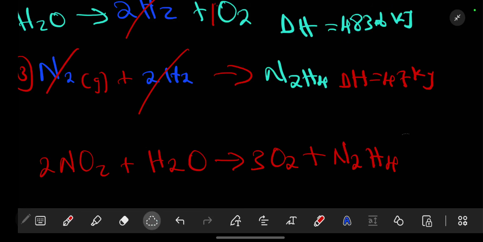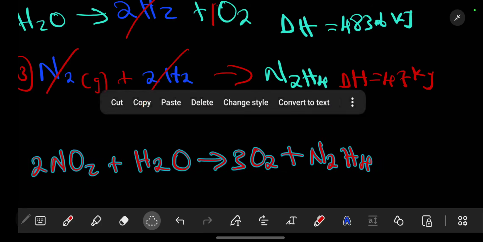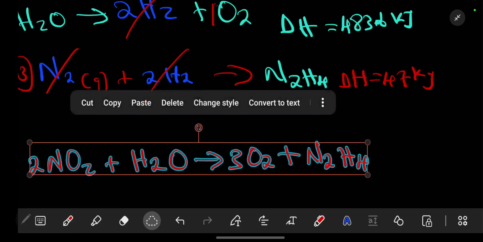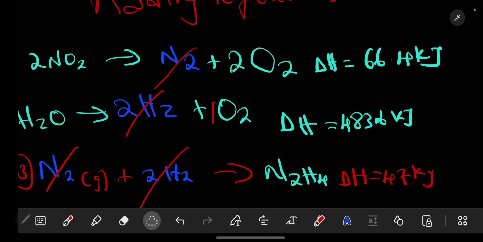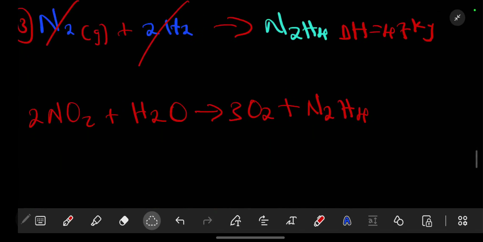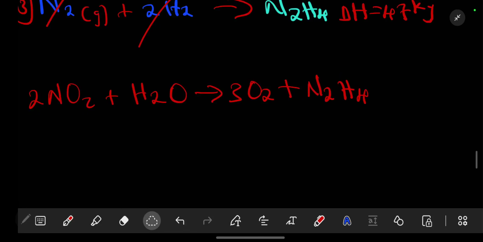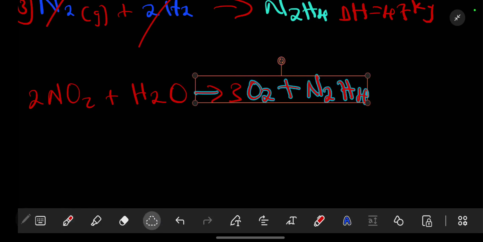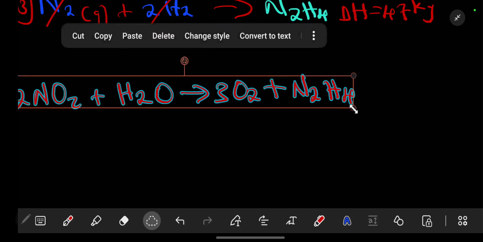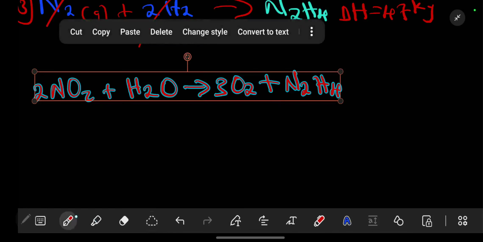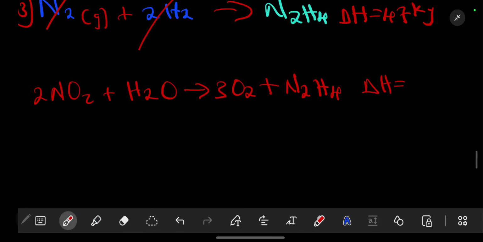Then the change in enthalpy will be the addition, which will give us a value equivalent to 597.6 kilojoules.